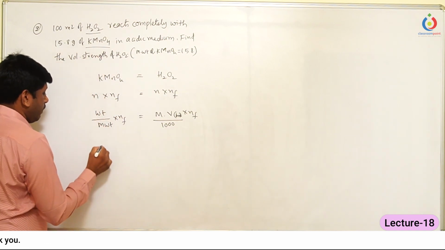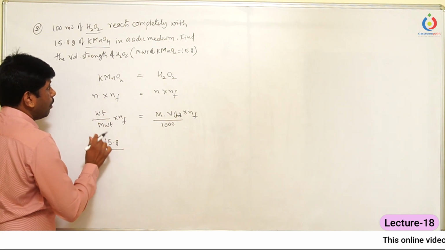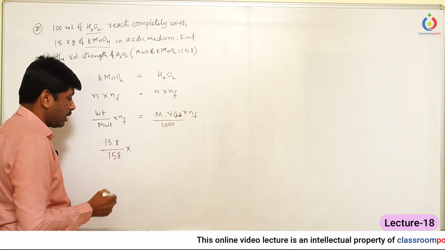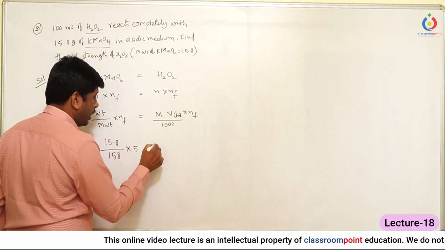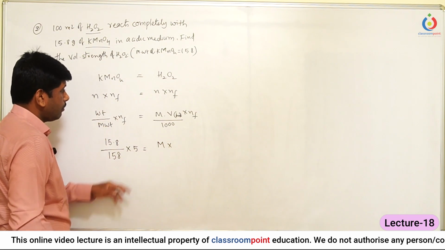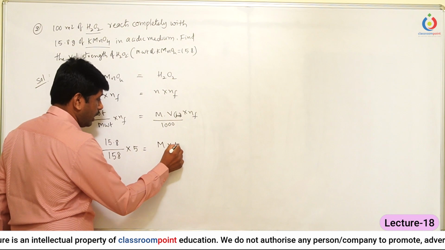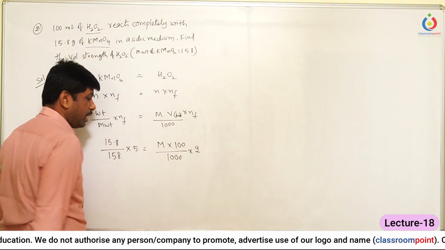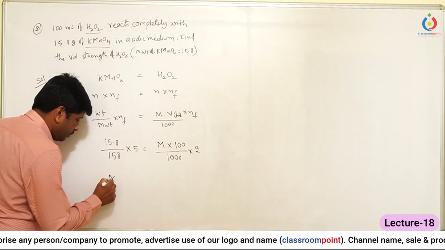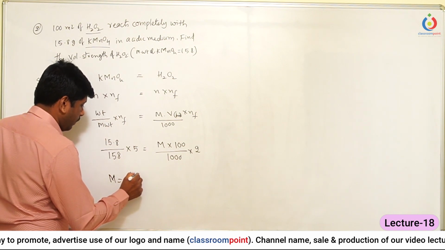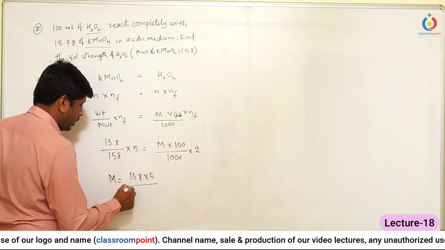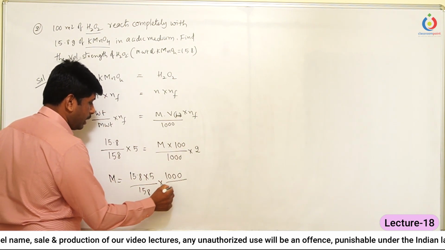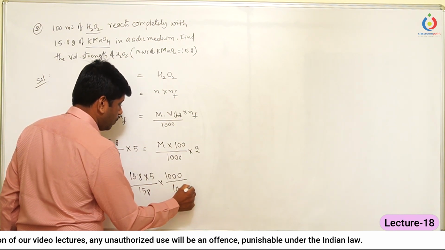So let us substitute everything here. Weight of KMnO4 is given as 15.8 grams. Molecular weight is 158 grams, into the n factor of KMnO4 in acidic medium, which is 5. And the molarity is to be calculated. Volume of H2O2 given is 100 ml divided by 1000, into the n factor of H2O2, which is 2. Now molarity equals 15.8 into 5 divided by 158 into 1000 divided by 100 into 2.